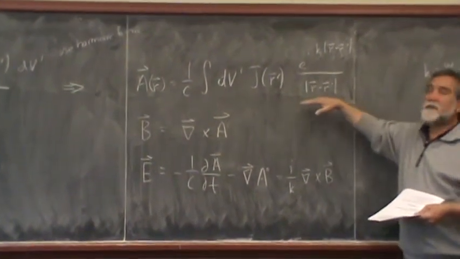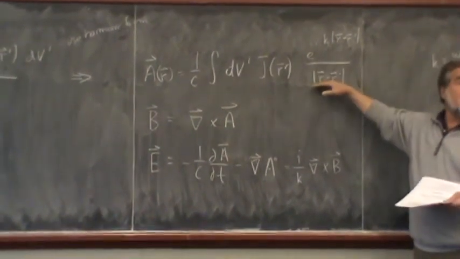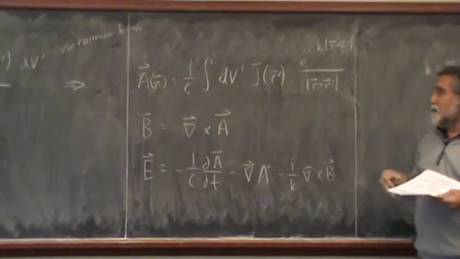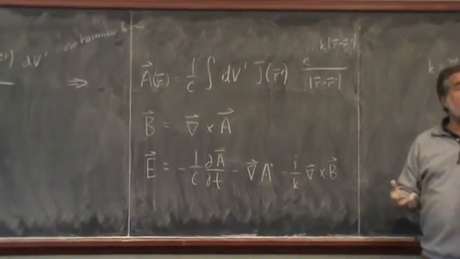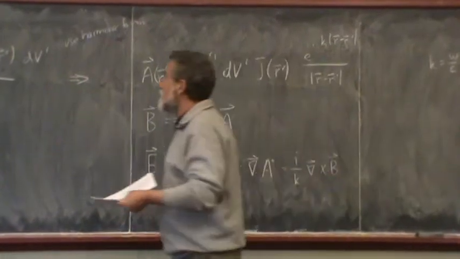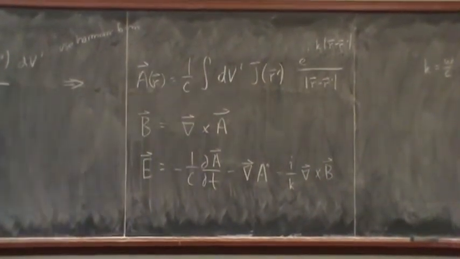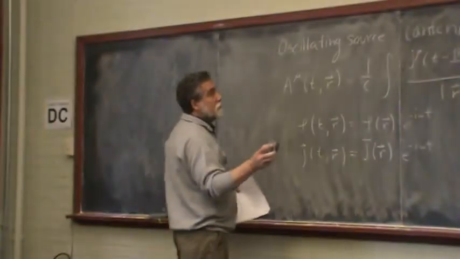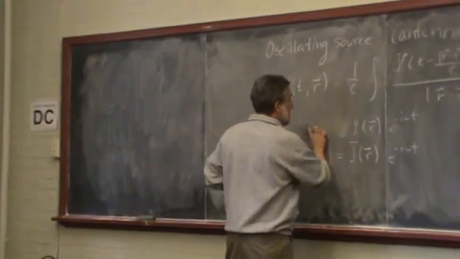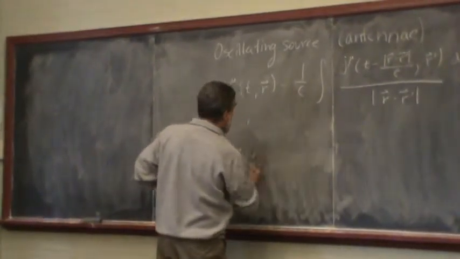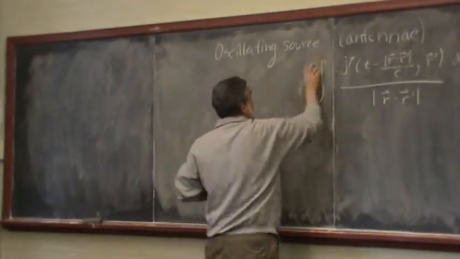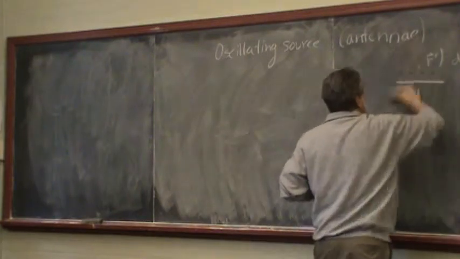But again, this doesn't tell us a whole lot about how a system would behave and what dominates the fields that we actually observe. So now we want to simplify that.